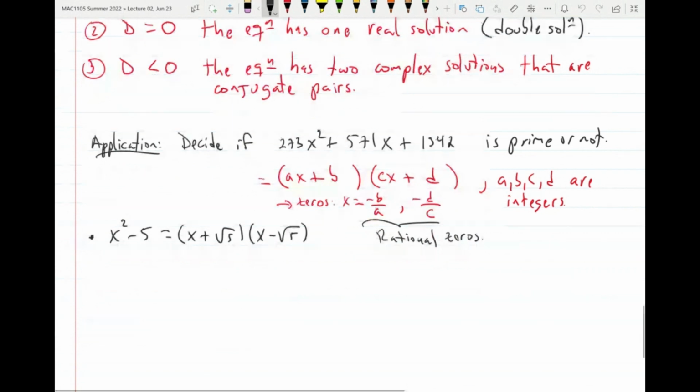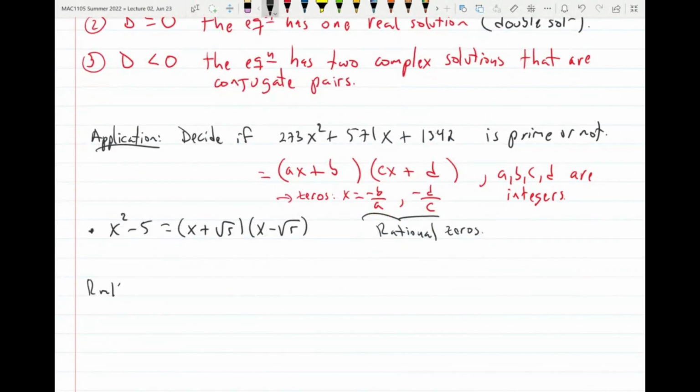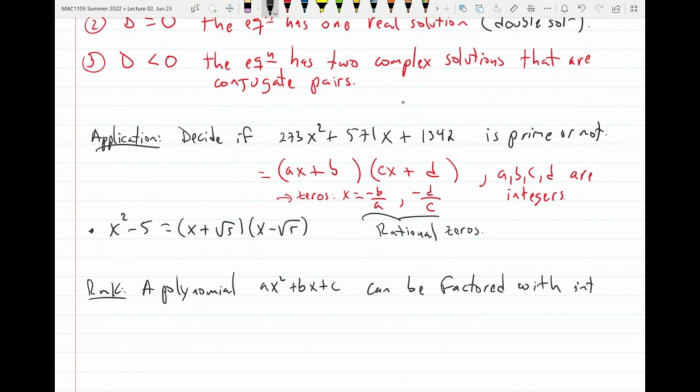So, to answer the question, let me say here, remark: a polynomial ax squared plus bx plus c can be factored with integer coefficients if and only if, this means if and only if, okay?